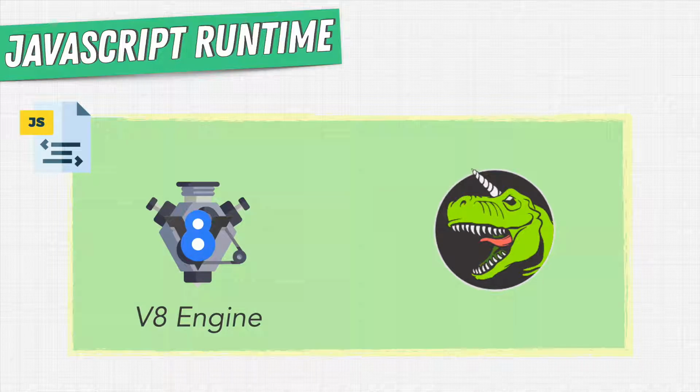But in order for it to do a lot more than just read JavaScript, it might want to do different things. Maybe read files, maybe access databases, maybe just run some things that aren't part of the V8 engine, aren't part of JavaScript. And that's where this libuv comes in.